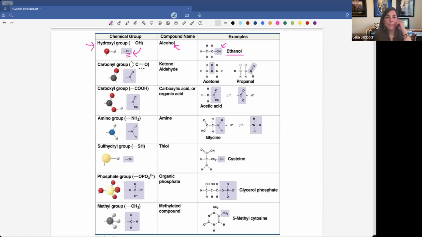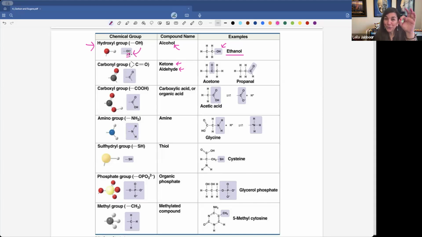All right, a carbon with a double bond O is called a carbonyl group. And the compound name is called a ketone or an aldehyde. So when we say compound name, we're talking about the molecule. In the end, the molecule will be called an alcohol. So when I say an alcohol group, I really should stick with the actual proper term, hydroxyl.